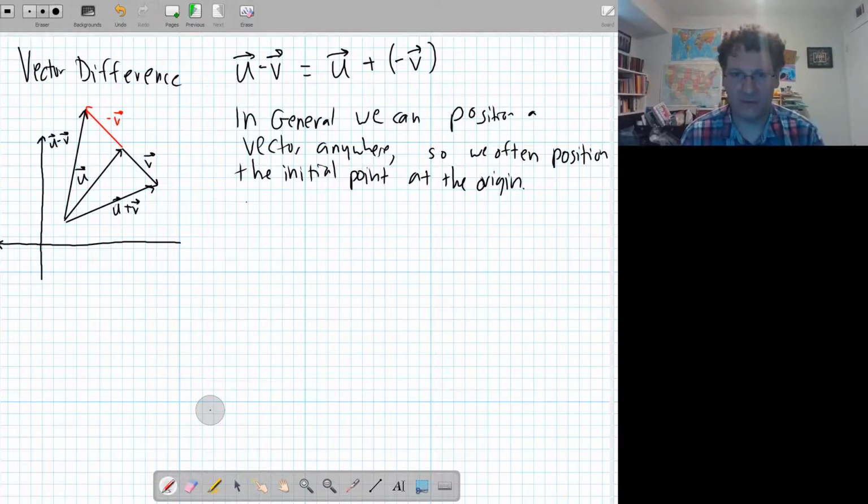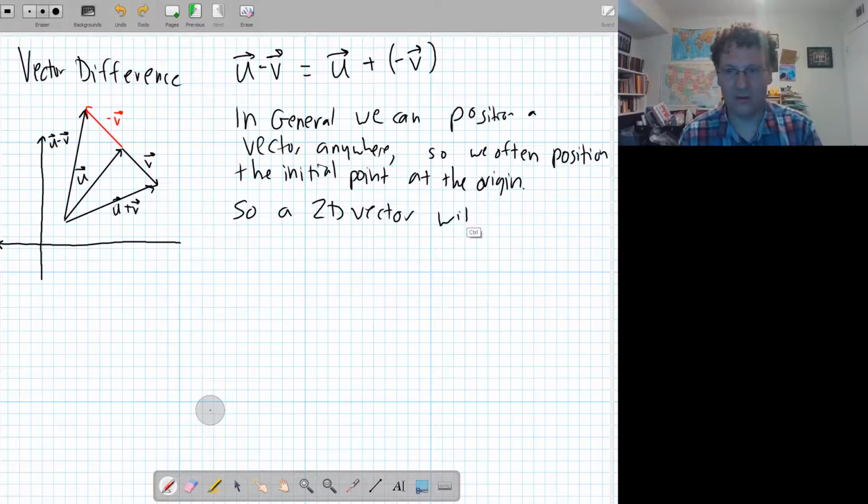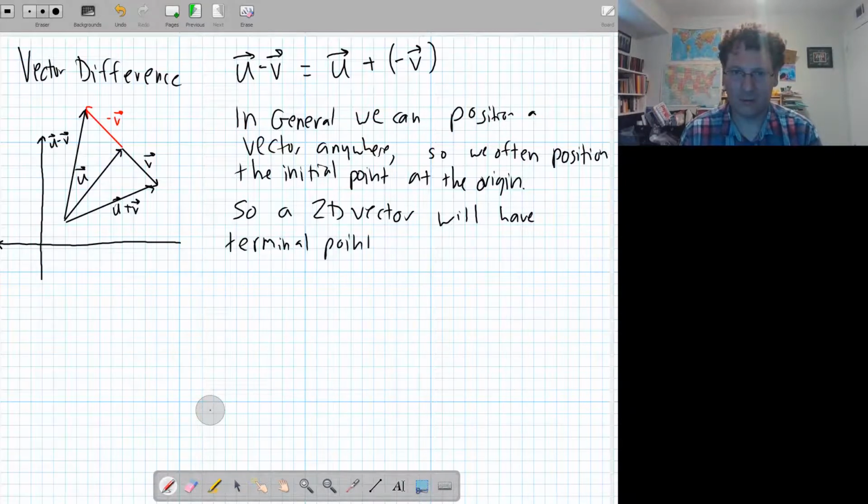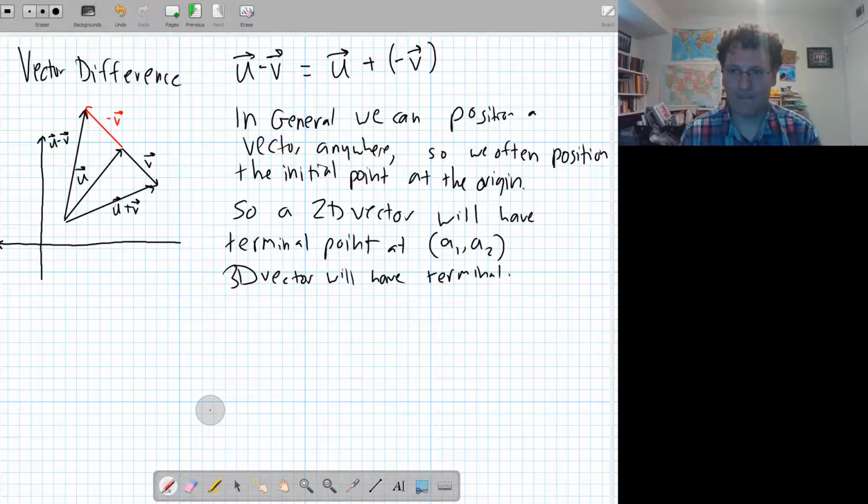So a 2D vector will have the terminal point at the coordinate a1, a2, and a 3D vector will have the terminal point at the coordinates a1, a2, a3.